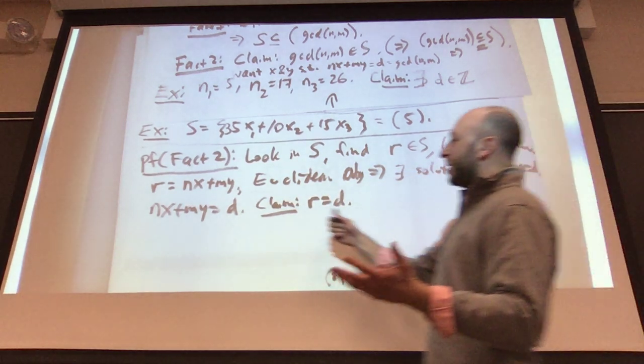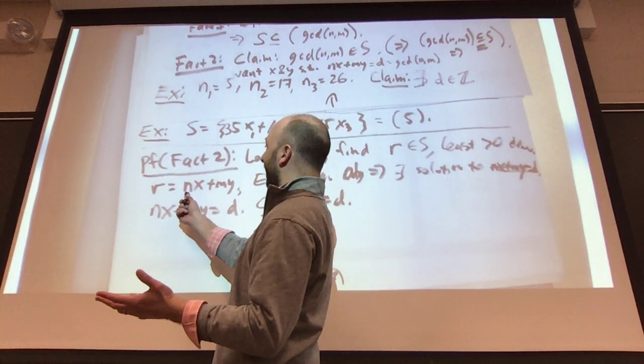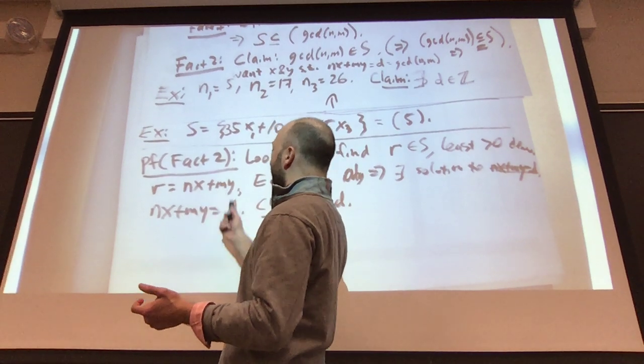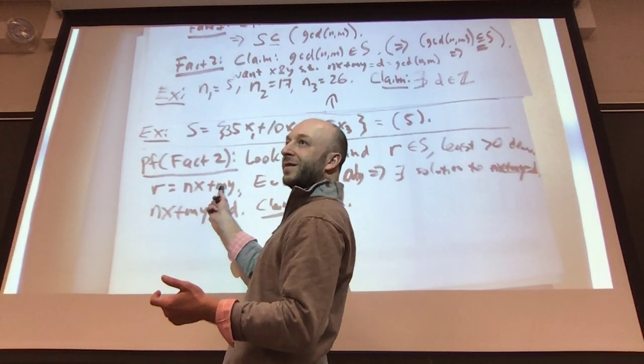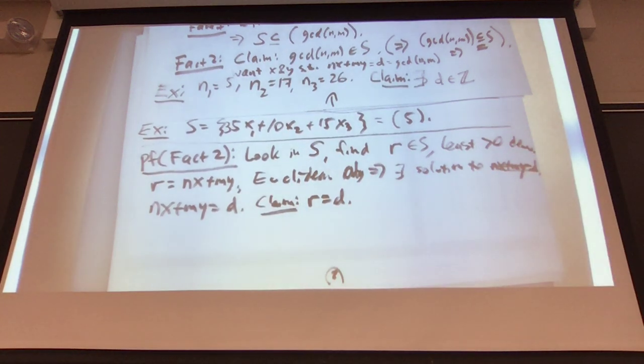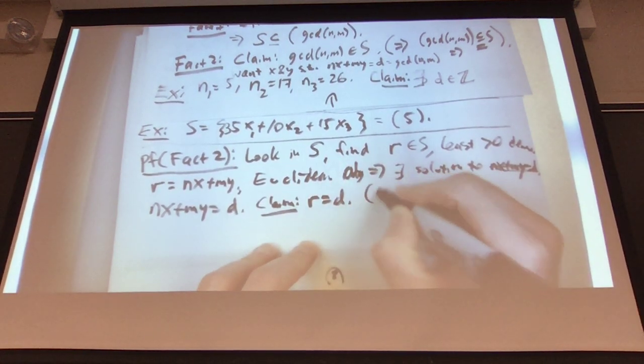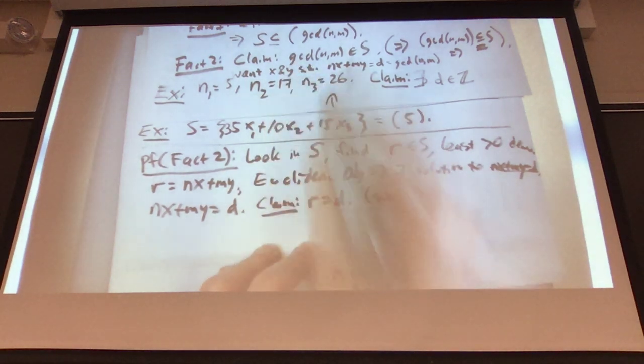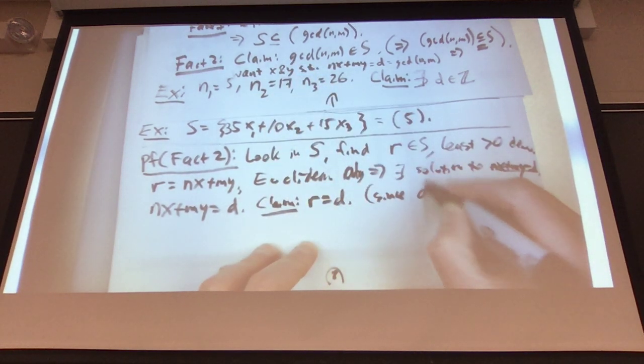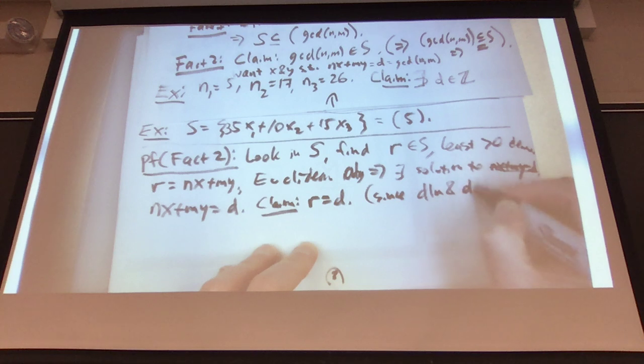And that's because you can't get any smaller because N is a multiple of D, and M is a multiple of D, and this is some linear combination. I'm making this more complicated than it needs to be. I mean, we already proved that direction, since D divides N and D divides M, which implies that D divides nx plus my.